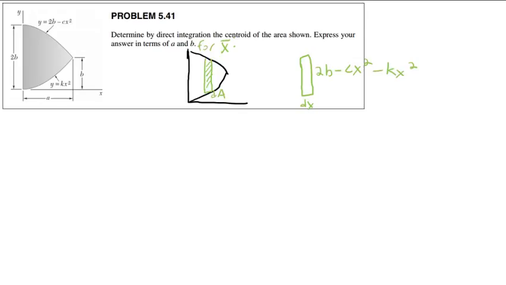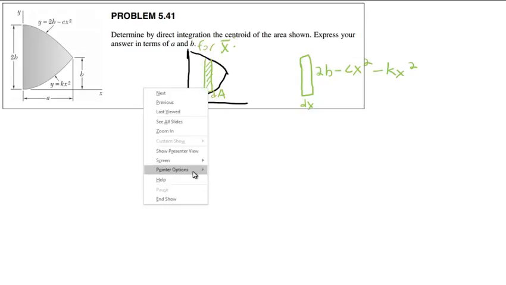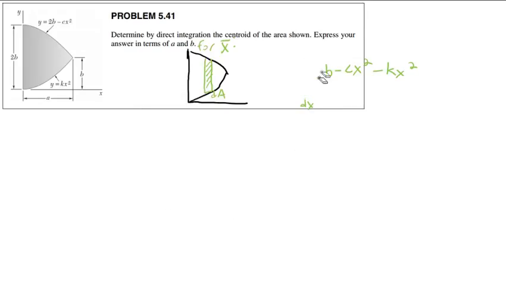However, they want us to find this in terms of a and b. So maybe I don't necessarily want to do that. That's going to give me trouble, I think, to have that many constants.